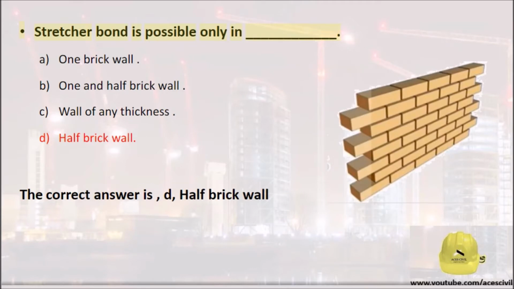Stretcher bond is possible only in: A. One brick wall, B. 1.5 brick wall, C. Wall of any thickness, D. Half brick wall. The correct answer is D. Half brick wall.